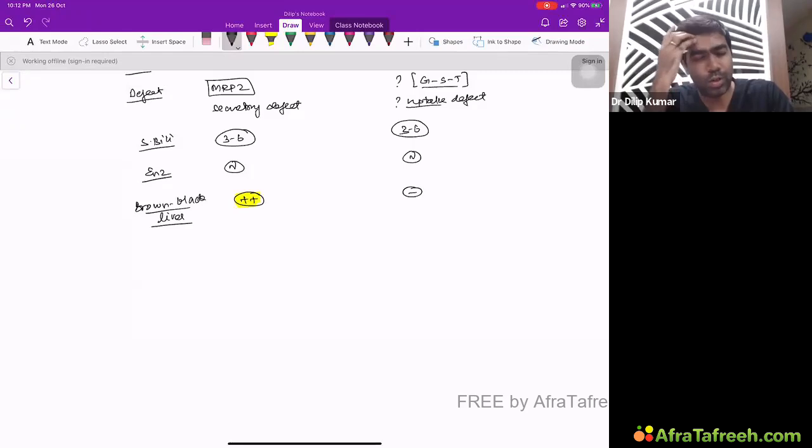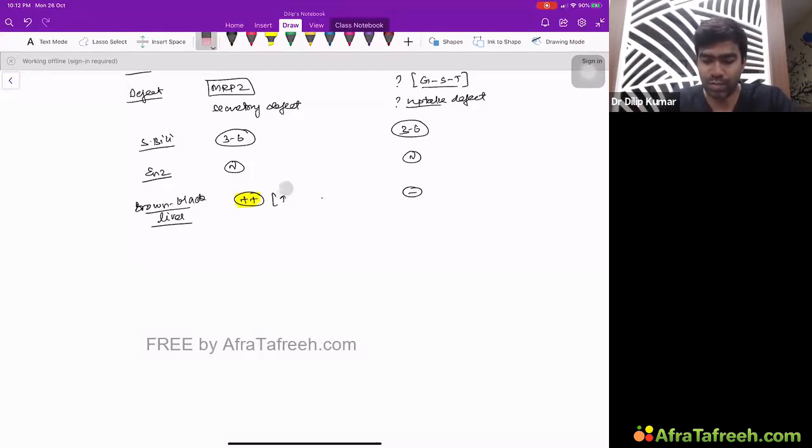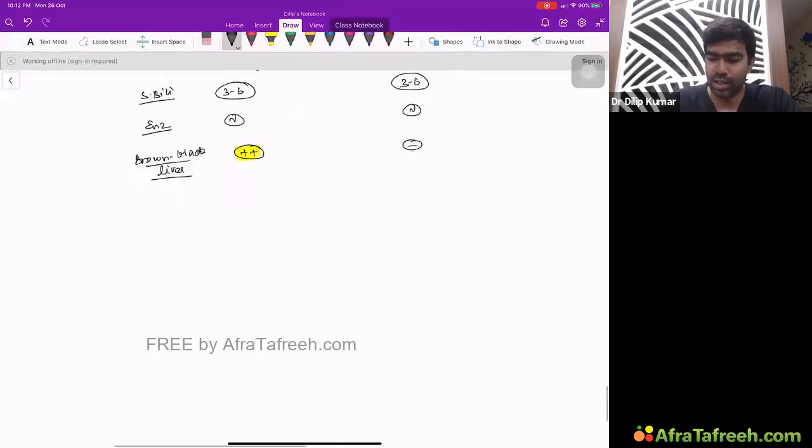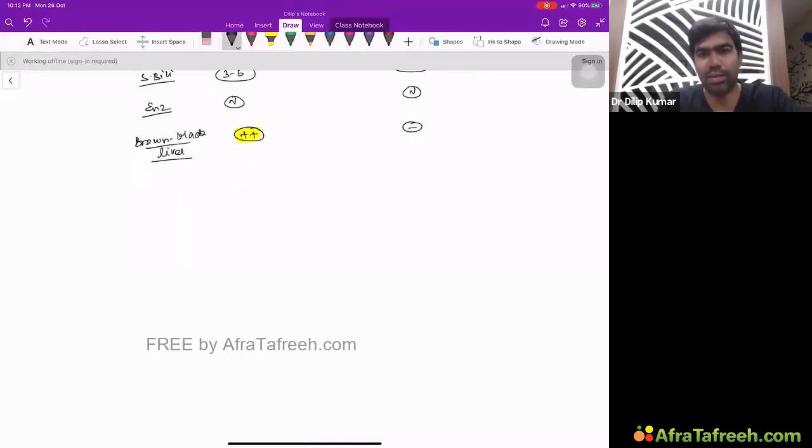Because in Dubin-Johnson syndrome there is one more problem that causes accumulation of polymerized epinephrine molecules in the liver. That happens in patients with Dubin-Johnson syndrome only. So if they ask in the exam which of the following conditions is associated with a brown-black liver, you can go for Dubin-Johnson syndrome.